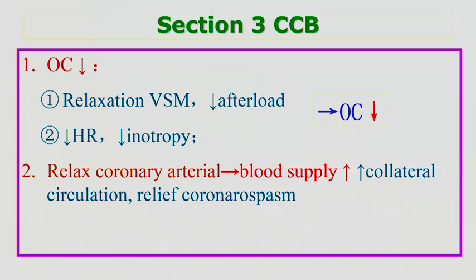Calcium channel blockers increase collateral circulation. So what's the meaning? This vessel is blocked, so blood comes from other pathways and increases ischemic region blood supply.